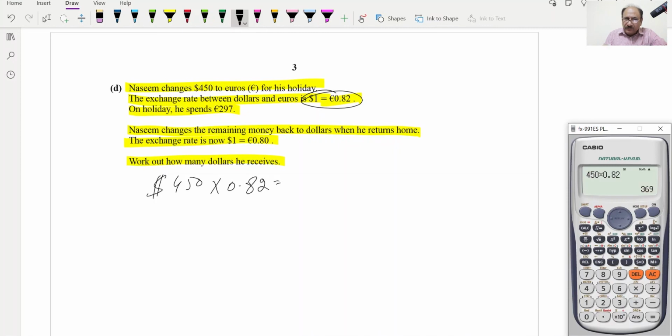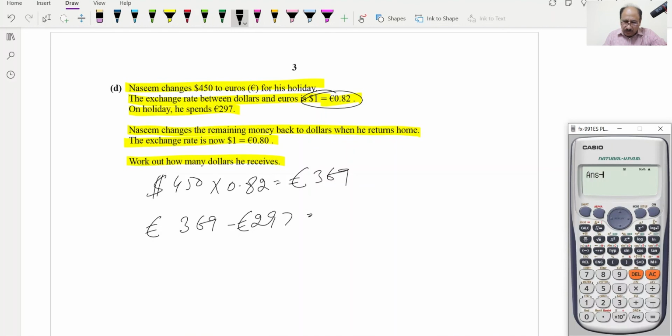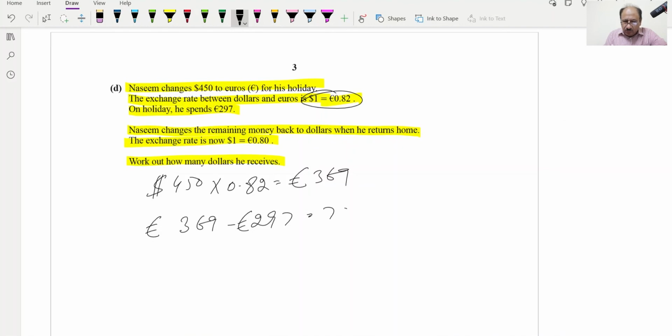So this will be 369 euros. You can notice euros are less than the dollars which we have converted. Now from these euros he has spent 297, so 369 minus 297 is equal to 72 euros.